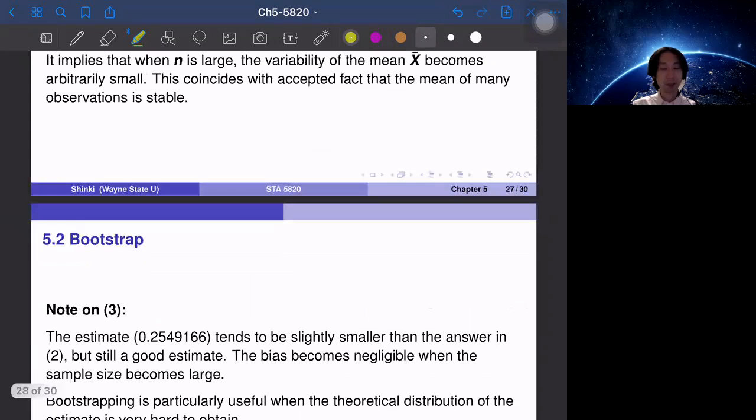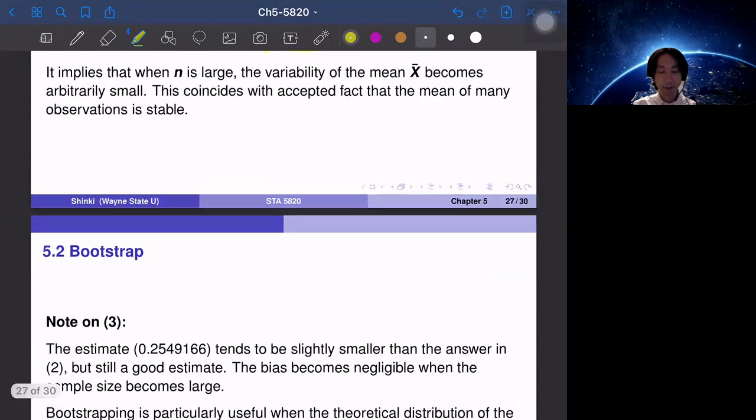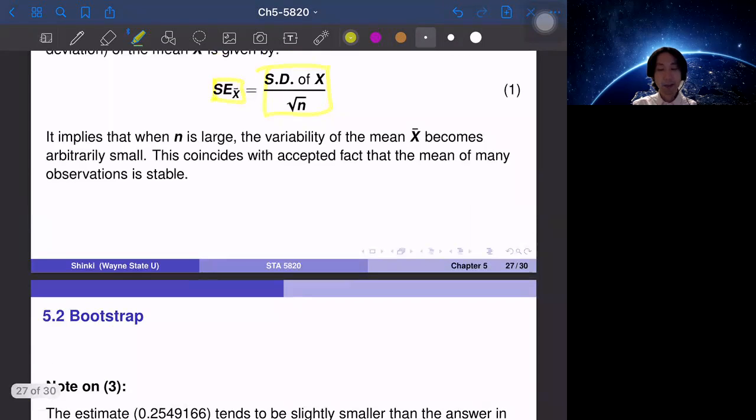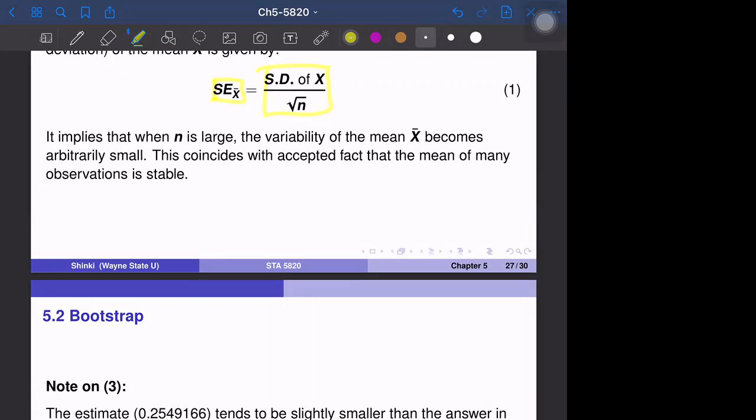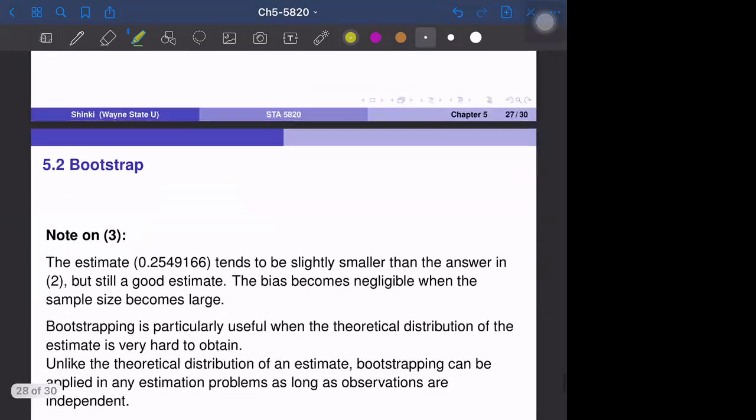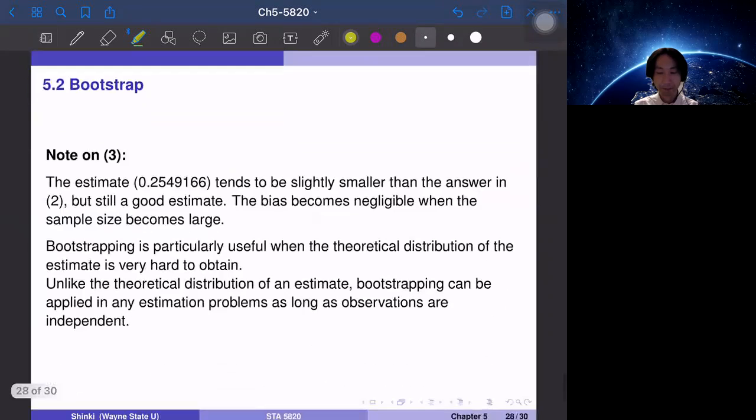So the Bootstrap is a very strong method to approximate the standard error of the parameter estimate.